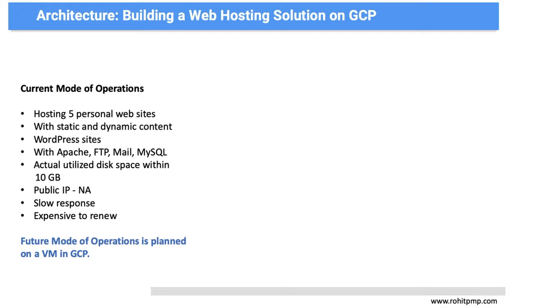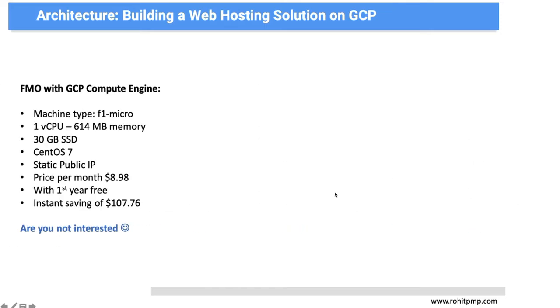So I selected Google Cloud Platform Compute Engine for a general purpose VM instance with the following configuration. The machine type being just the F1 micro, the first machine variant available on GCP, which has one shared virtual CPU, a mere 614 MB memory, but all dedicated to this machine, not shared with multiple tenants.